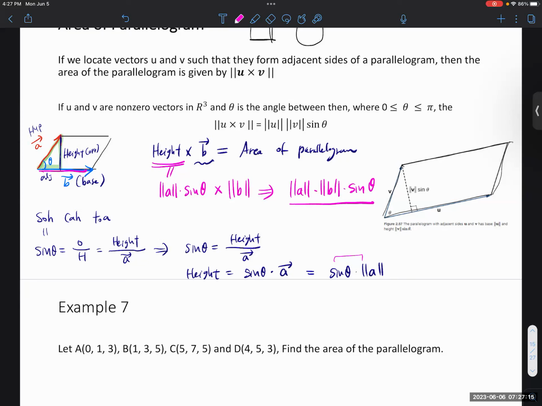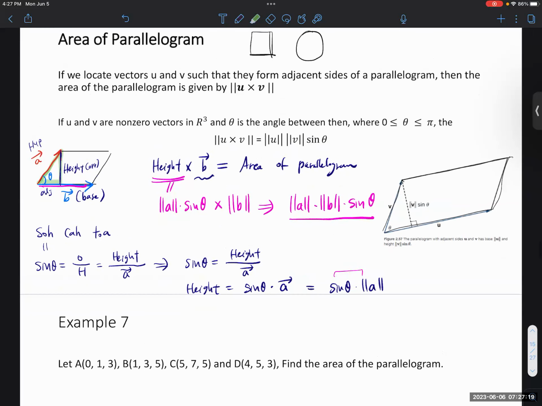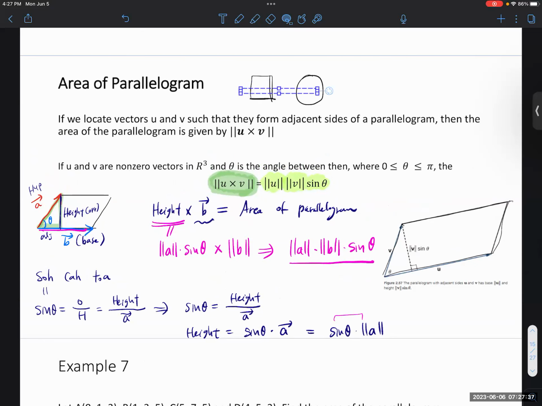Does it make sense to you? So therefore, the textbook is introducing: if you already know the two vectors, that's good. You're going to use a cross product and find out the magnitude. Or this is also the same as each magnitude times the sine of the given theta. So you have two ways to find out the area of the parallelogram.